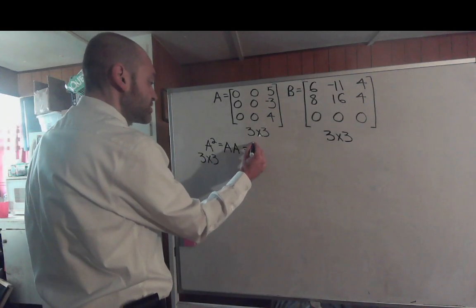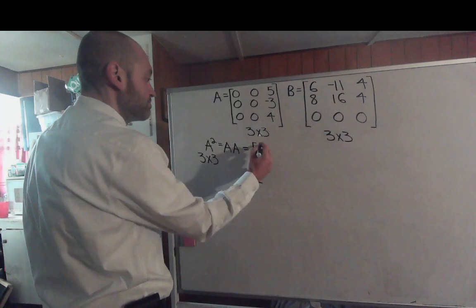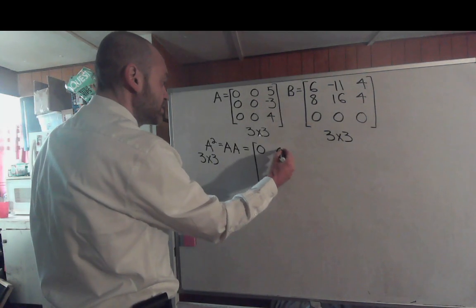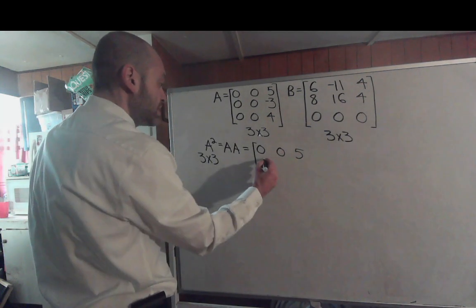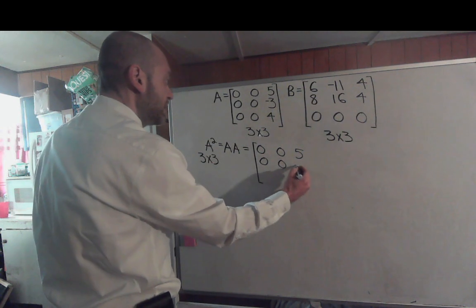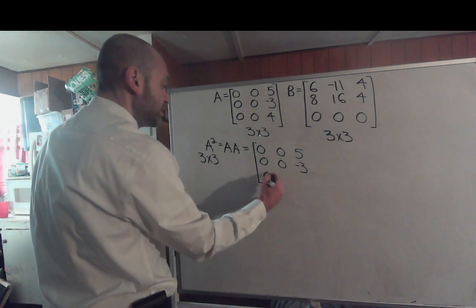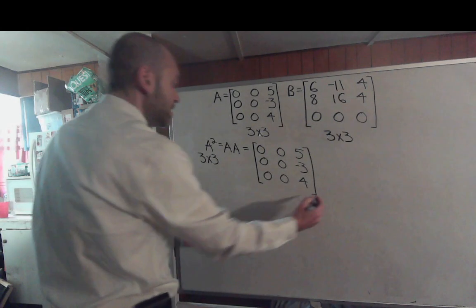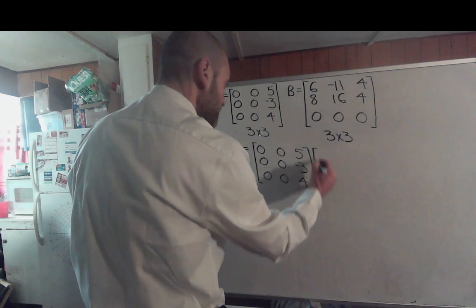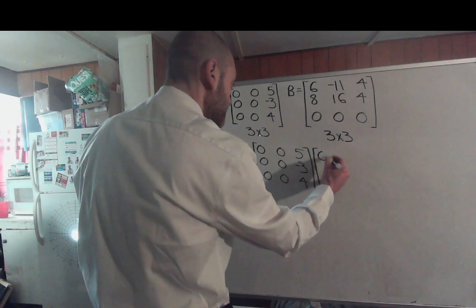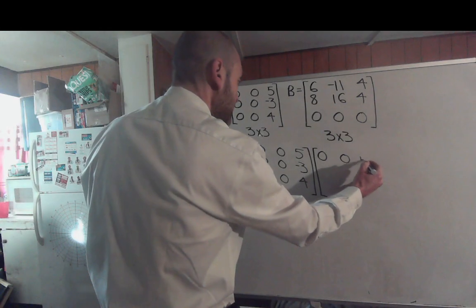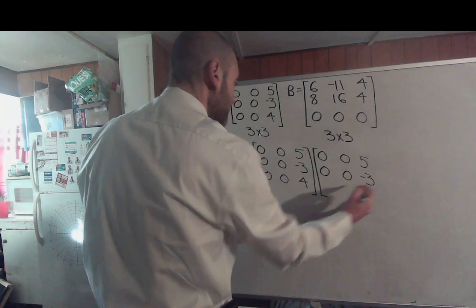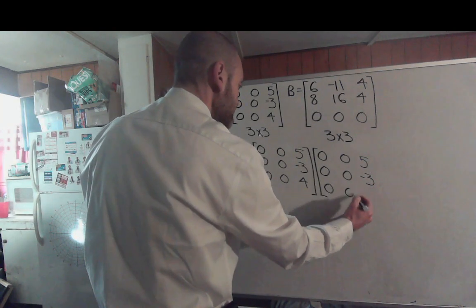So let's write both matrices A right beside each other: 0, 0, 5, 0, 0, negative 3, 0, 0, 4. And then let's write another matrix A right beside it: 0, 0, 5, 0, 0, negative 3, 0, 0, 4.